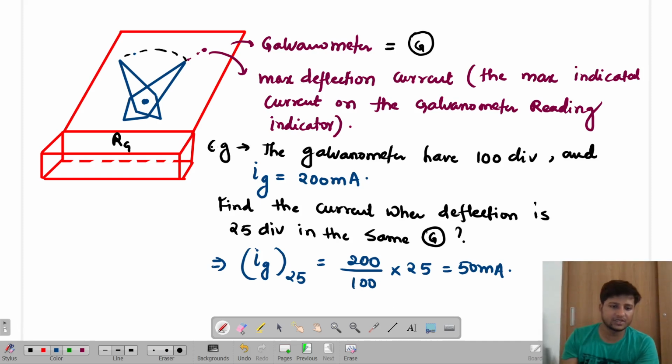Now, the point is very simple. Let's say there are two galvanometers, and in one the current is passing this way, and in the other the current is passing that way.